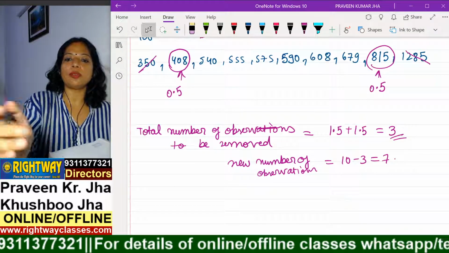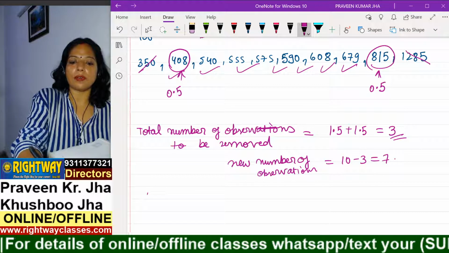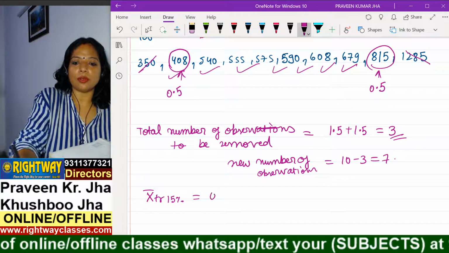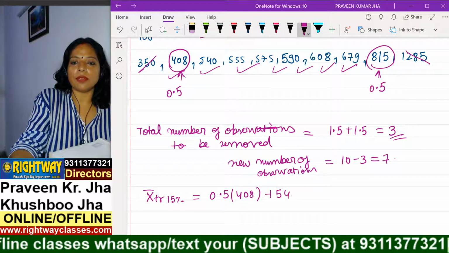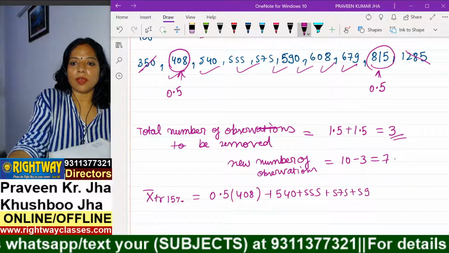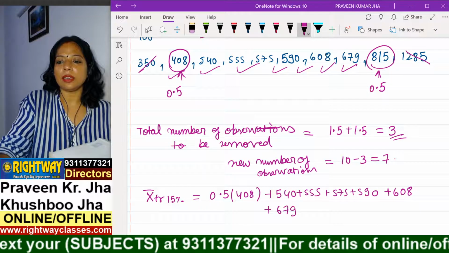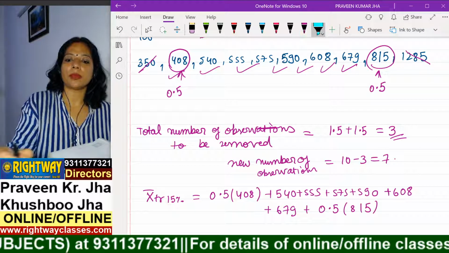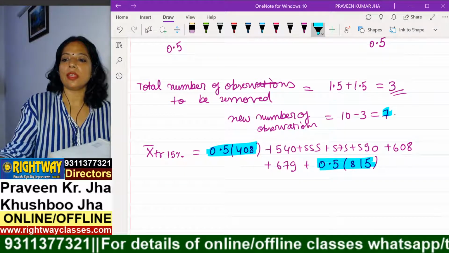So we will add all these and divide by 7. The trimmed mean 15% will be equal to 0.5 of 408 plus 540 plus 555 plus 575 plus 590 plus 608 plus 679 plus 0.5 of 815, all over 7.